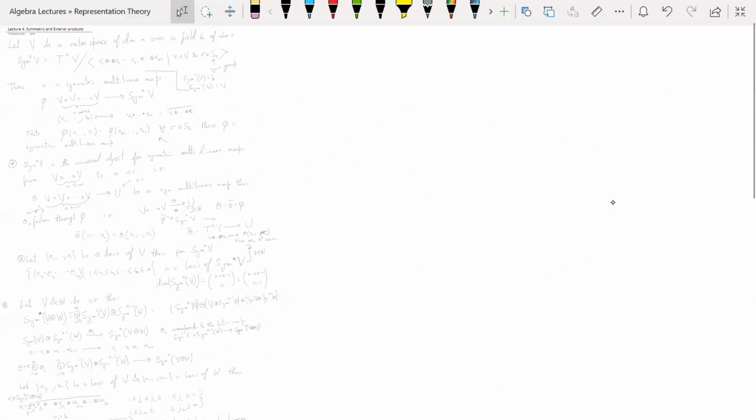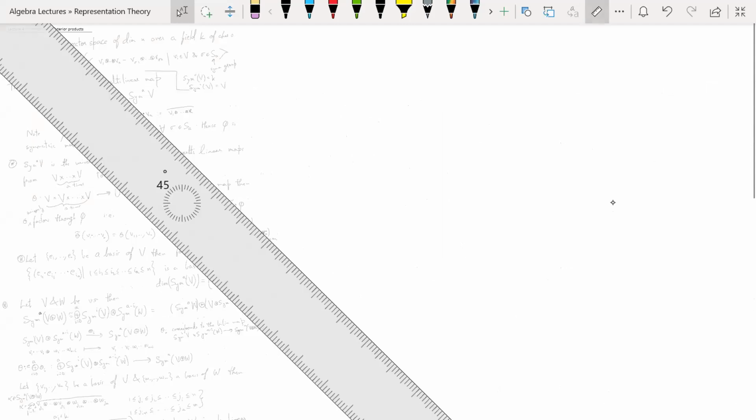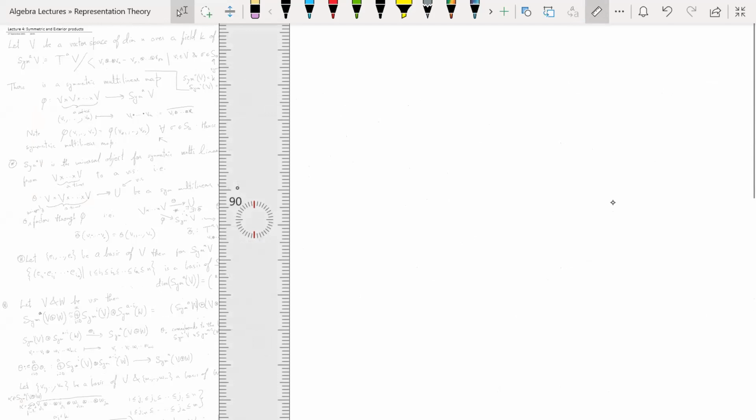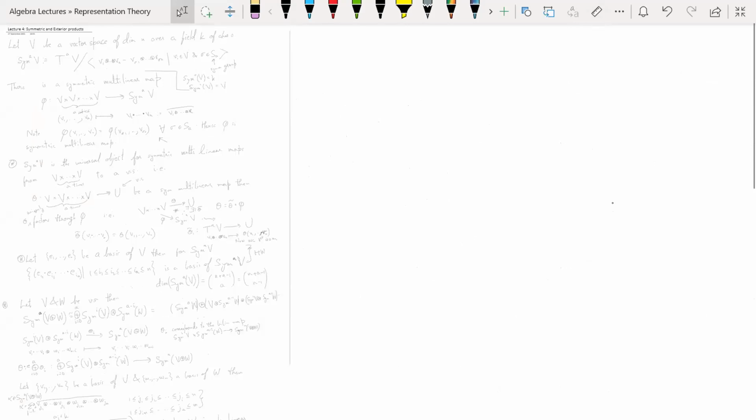But let me just define similarly the exterior powers. Similarly, one can define exterior powers, more or less along the same line.